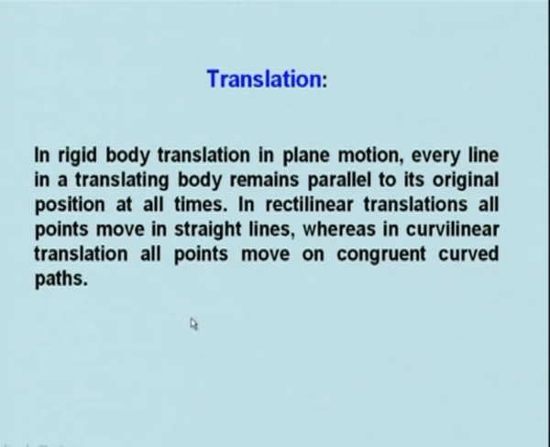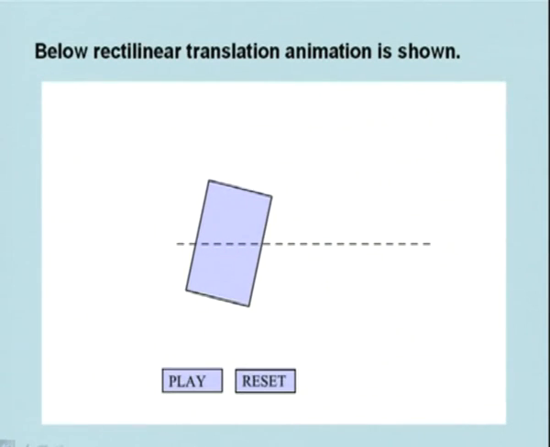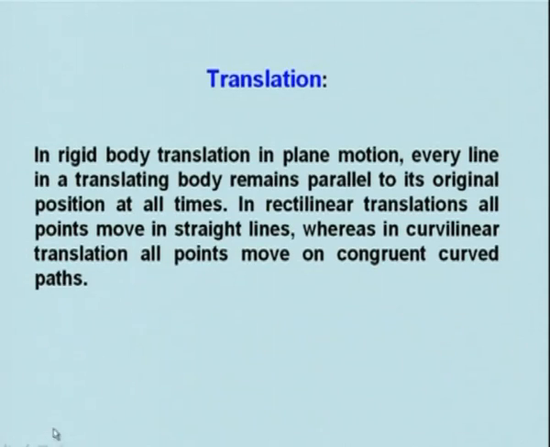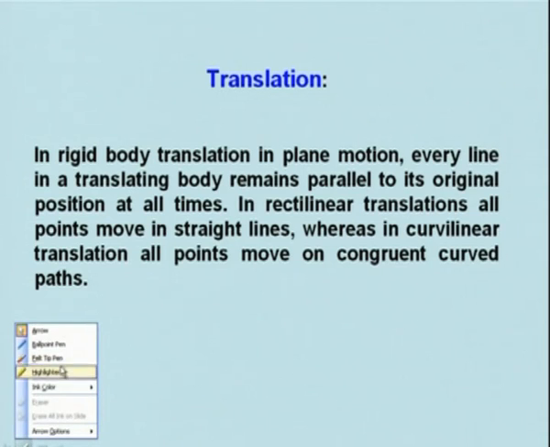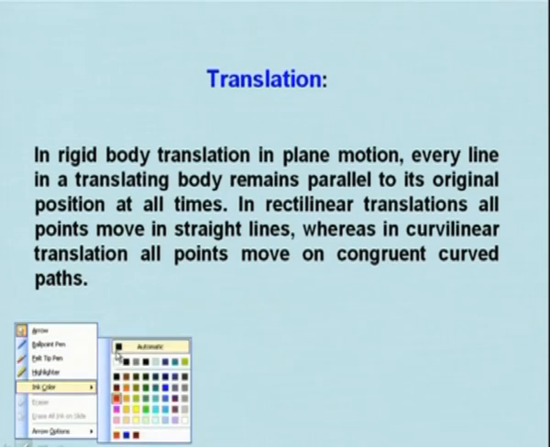So you can have a completely straight line type of motion, or a motion in a curve, but still every line remains parallel to its original position, and therefore this can be called translation.